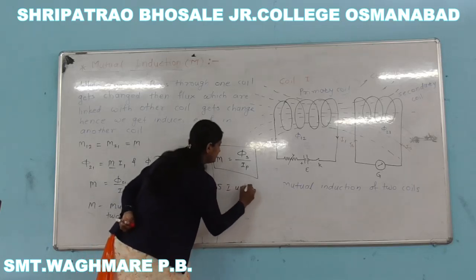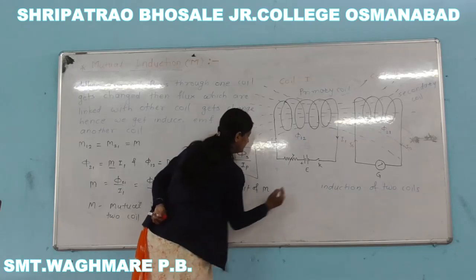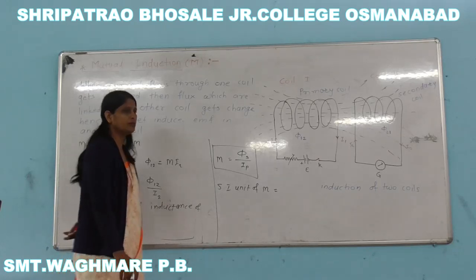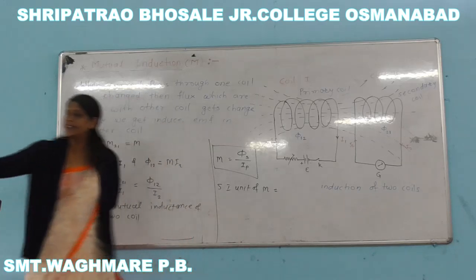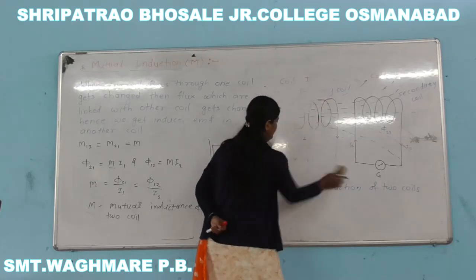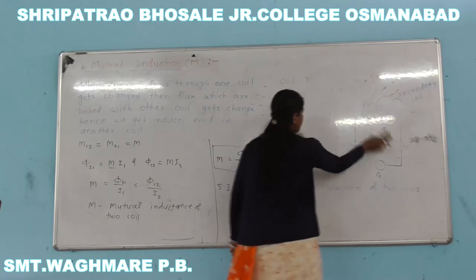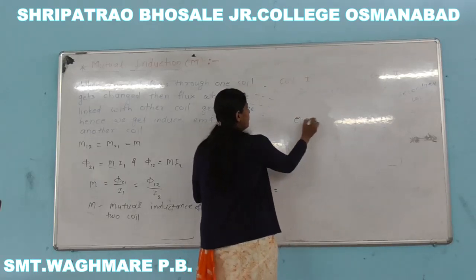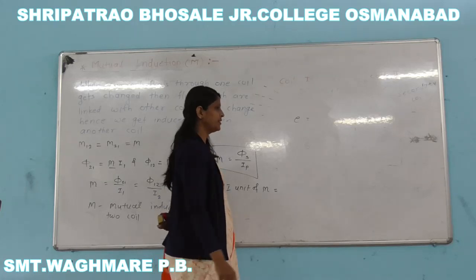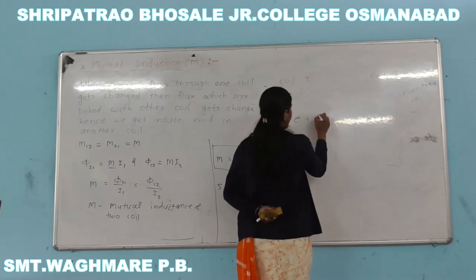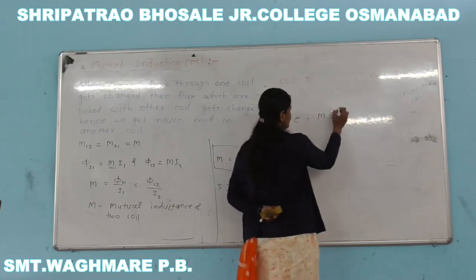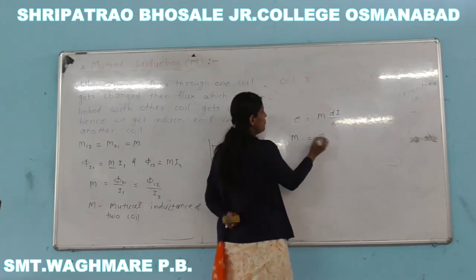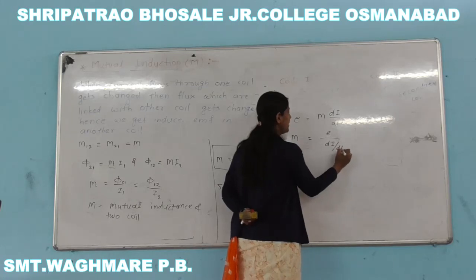SI unit of M is equal to, we know that M is equal to, as we have already discussed, when we take the magnitude of EMF, we can write M into di by dt. Therefore, this M will be equal to E upon di by dt.